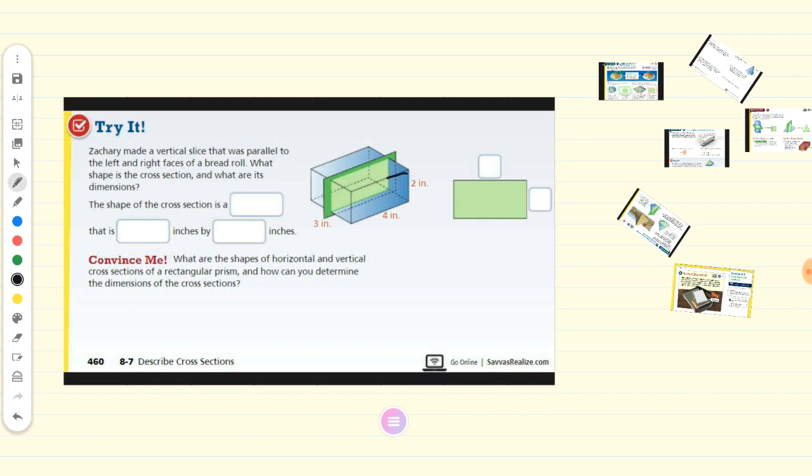As you see here, this slice is parallel to this one and this one, so it will be the same as the front and the back. What is the shape of this one and what are its dimensions? Actually, I think the dimension is different. I have here 4 inches and 2. So the section is in the shape of a rectangle.